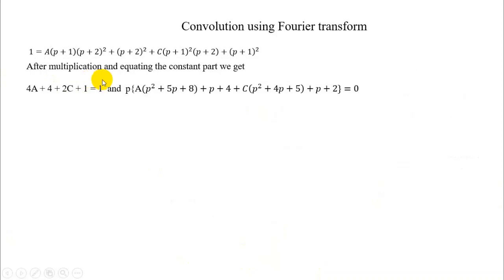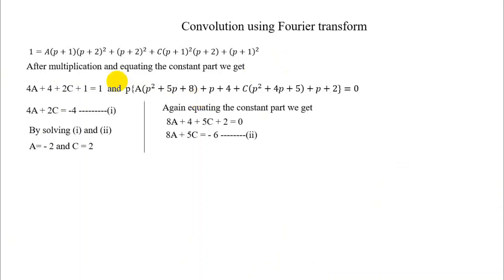We again perform the real and imaginary part separation, and after solving two equations we will get, at first, this equation. Then after again separating the real and imaginary parts of the rest of the equation, we will get another equation. After solving the two equations, we will get the value of C. This is a complex task actually.